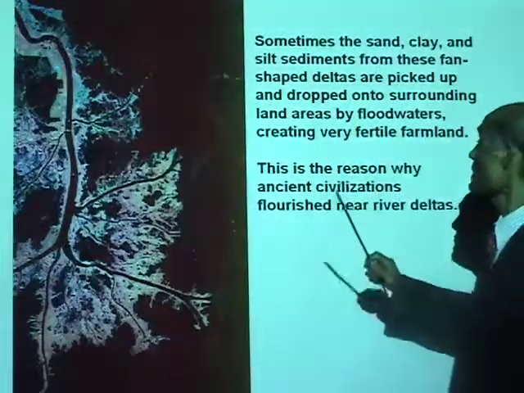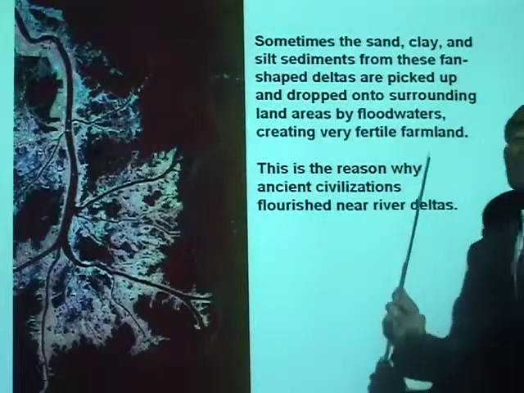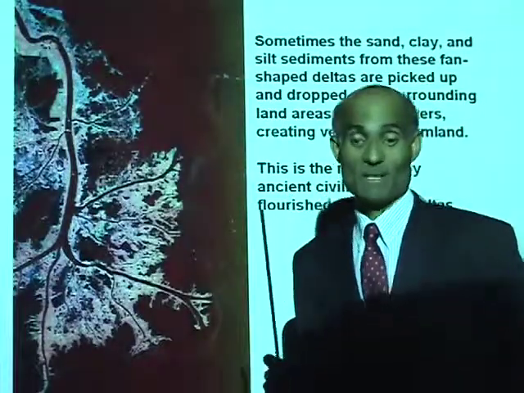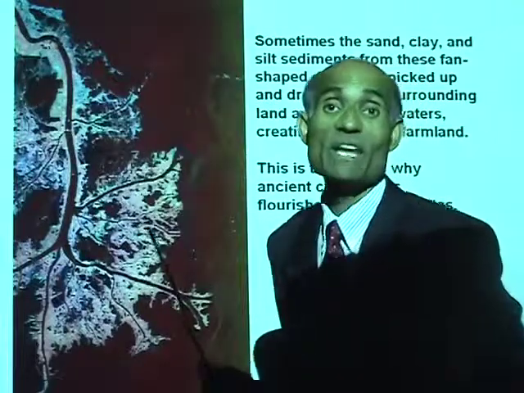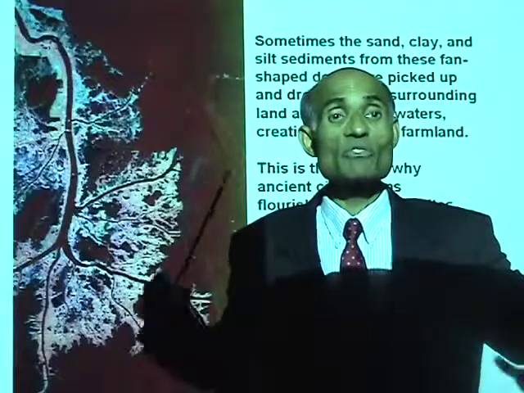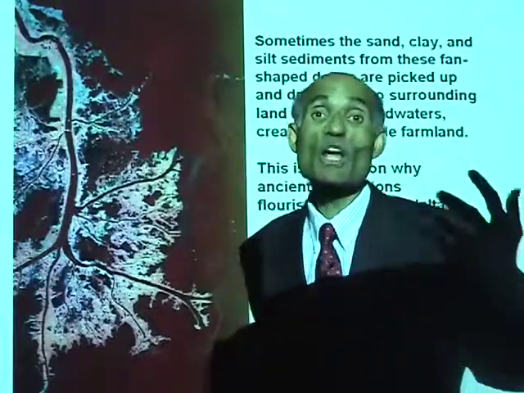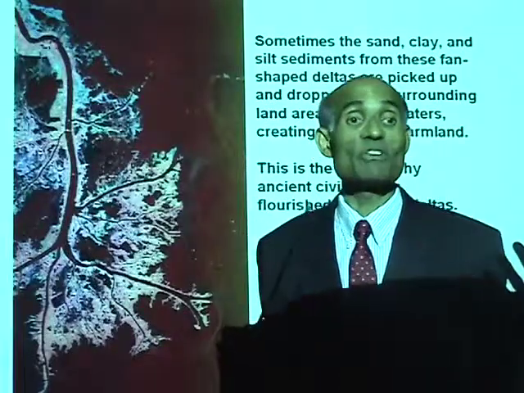Now, this is the reason why ancient civilizations flourished near riverbeds. Is that right? A lot of civilizations, Indus Valley civilization, most of the ancient civilizations were built around river valleys because the soil around the river valleys was fertile.